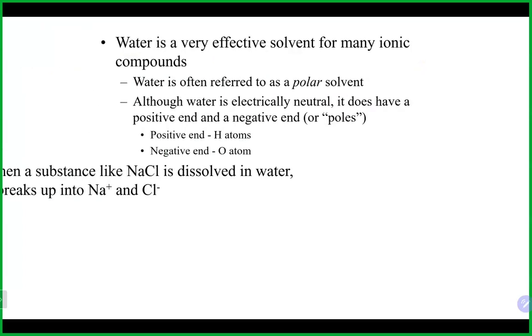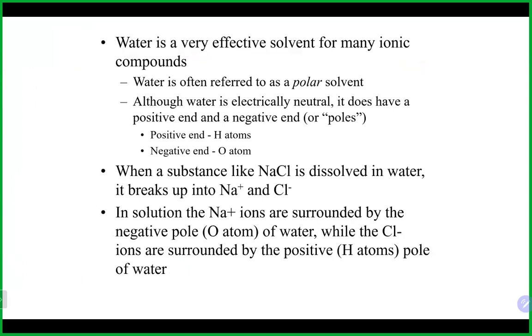Water works well as a solvent for an ionic compound because of what we were just talking about in the previous chapter, which is that water is polar. When we think about water, oxygen is more negative and hydrogen is more positive. So when we dissolve an ionic compound in water, it does what we talked about last time, which is sometimes referred to as an ion-dipole interaction, which is an intermolecular force.